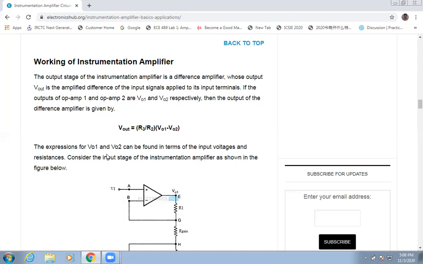The expressions for V01 and V02 can be found in terms of input voltages and resistances. Consider the input stage of an instrumentation amplifier as shown in the figure.